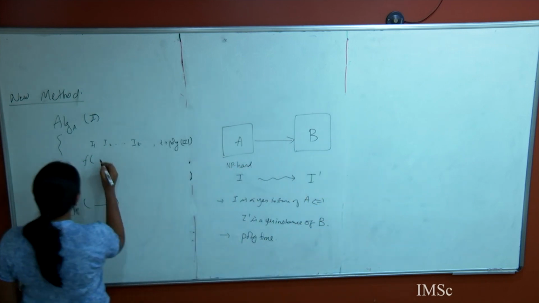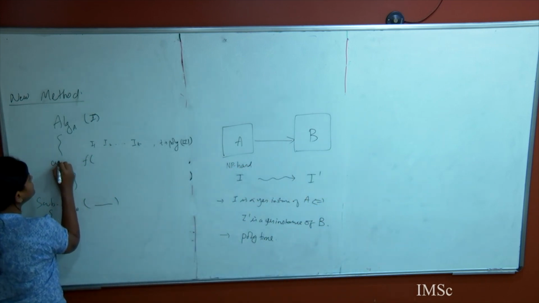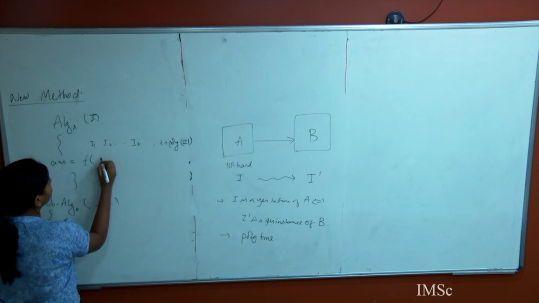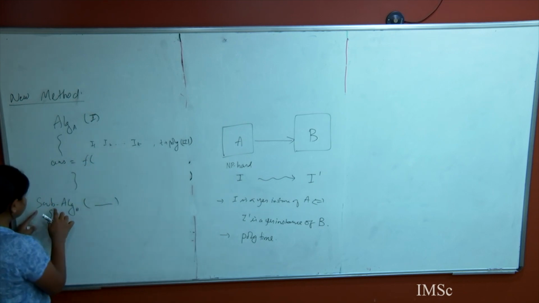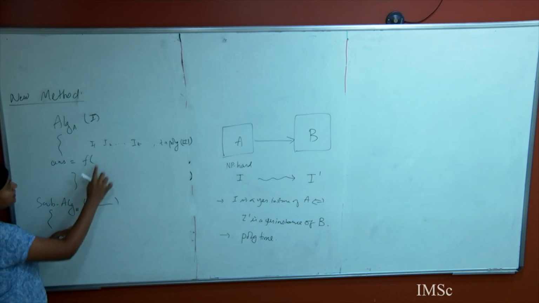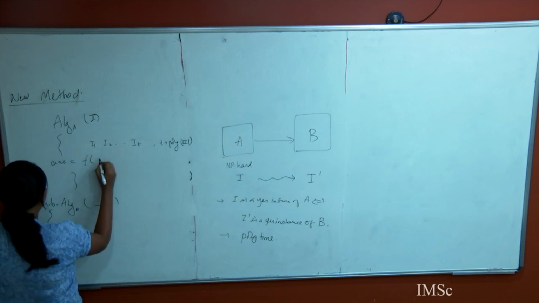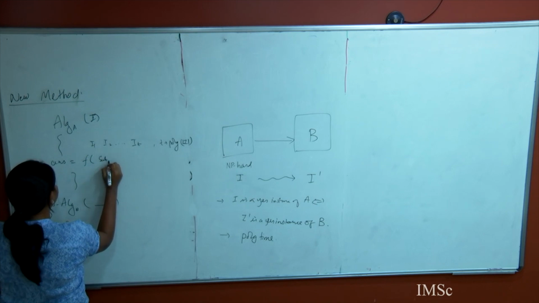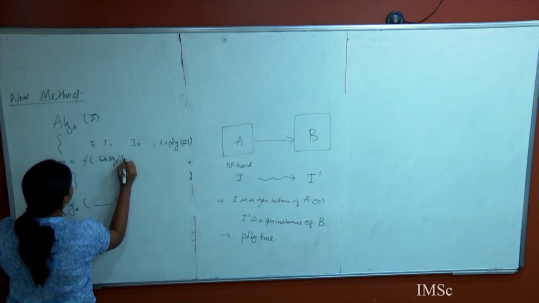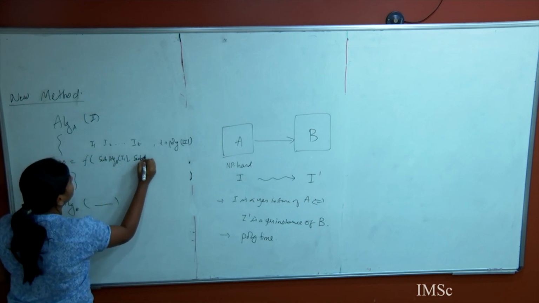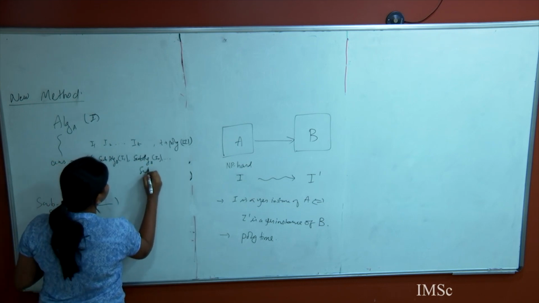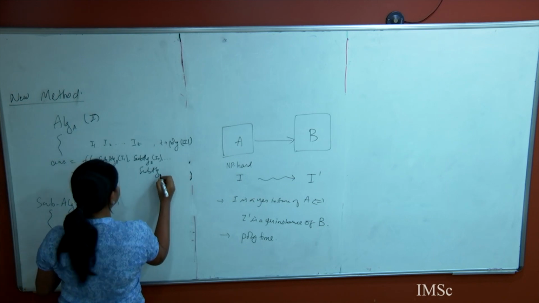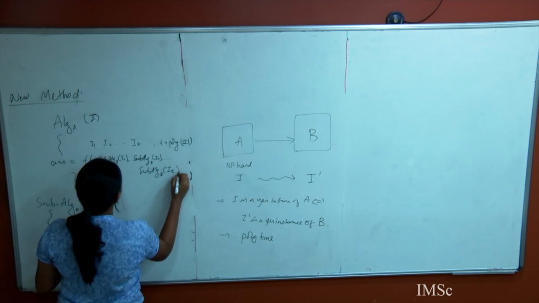Now there is some function of the answers given by this subroutine. So here we have some function of sub-alg B of I1, comma, sub-alg B of I2, and so on up to sub-alg B of IT.